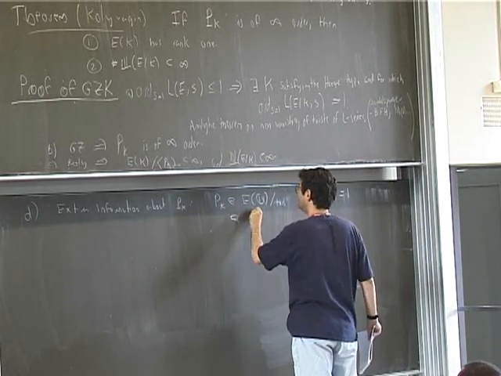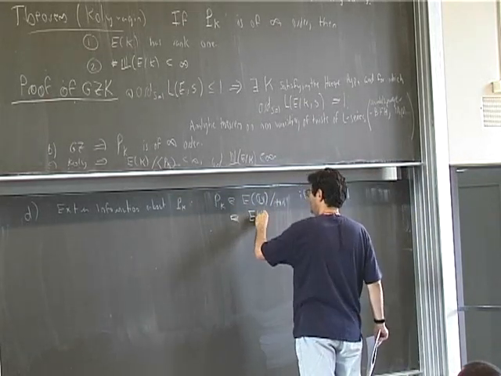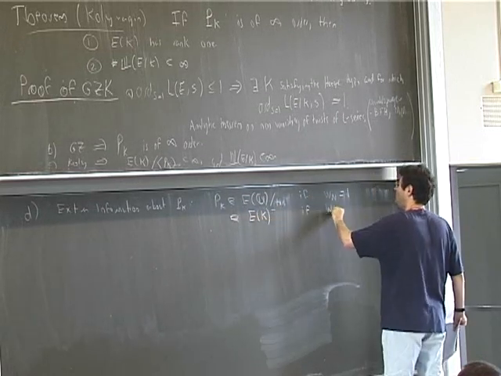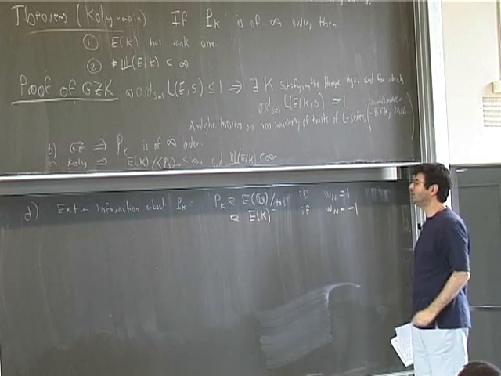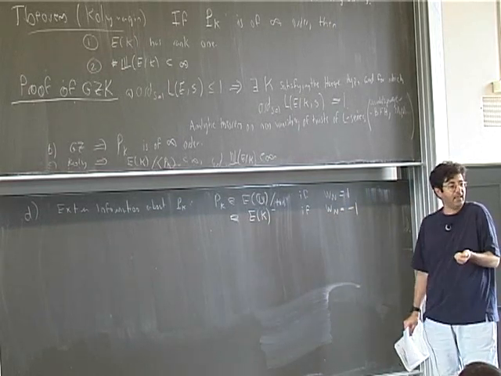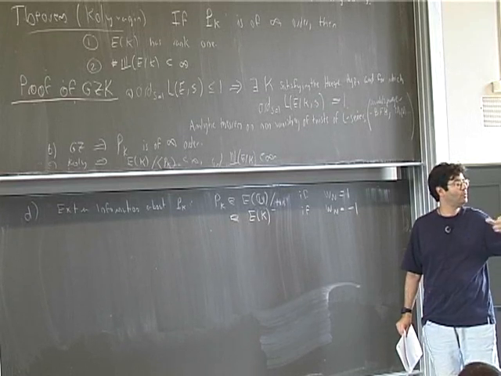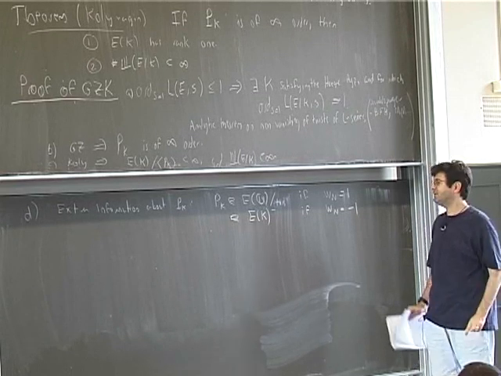And it belongs to E of K minus up to torsion if W_N equals minus 1. So you see, this point P_K is defined over K, but then I can analyze further the action of the Galois group of K over Q on this point. And there are explicit formulas for that.